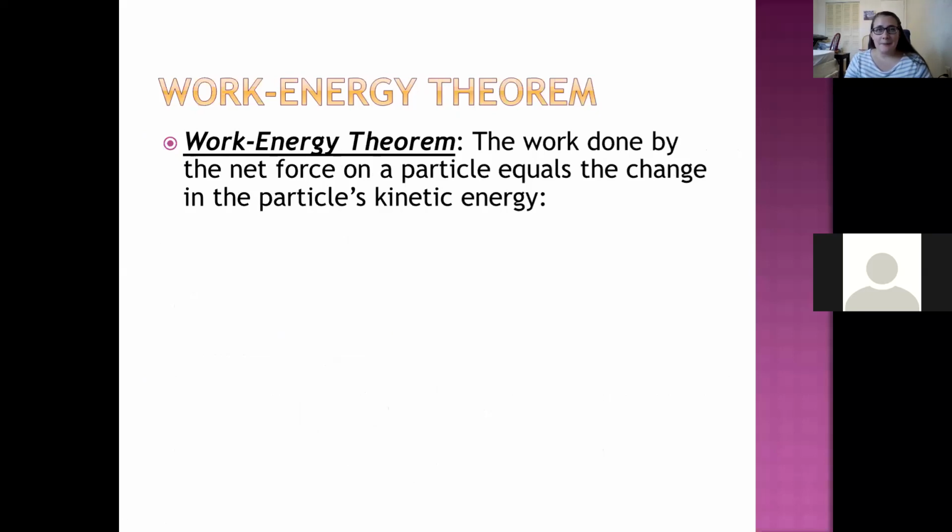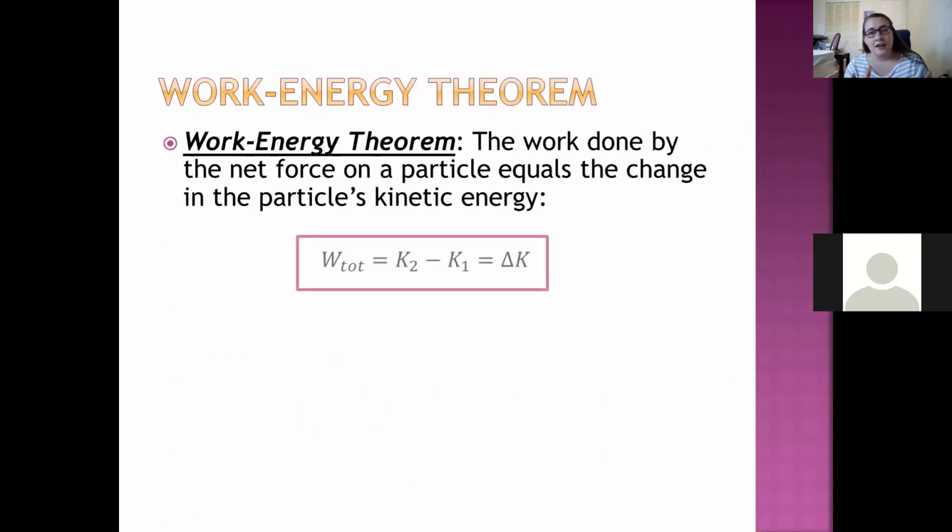So thinking back to this whole kinetic energy thing, that means that kinetic energy and work are related to each other, and they are through something called the work energy theorem. This theorem tells us that the work done by the net force on a particle equals the change in that particle's kinetic energy. Here it is written out in a really important equation that you will want to have written down on an equation sheet in a test.